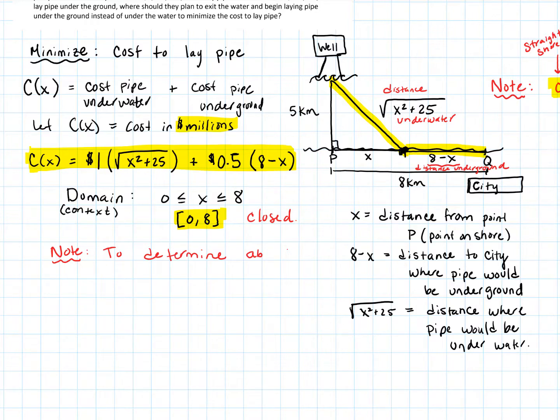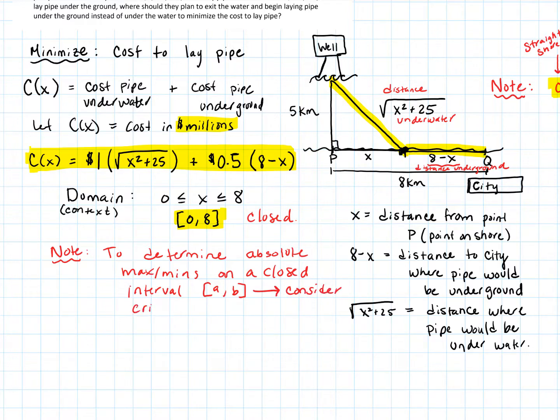So to determine absolute max or mins on a closed interval, we have to go back to our extreme value theorem, and we have to consider not just the critical points, but also the endpoints. So consider critical points and, I'll underline that, endpoints.